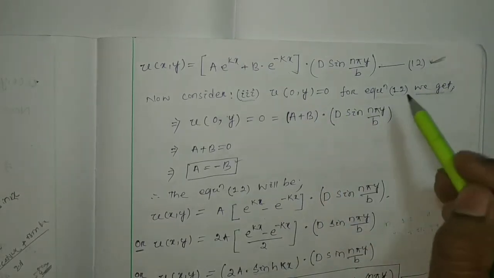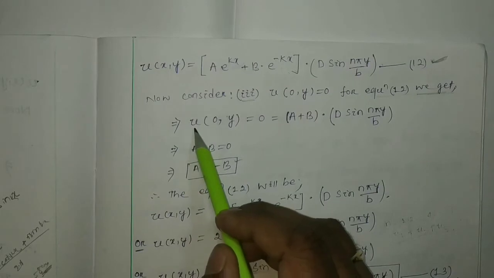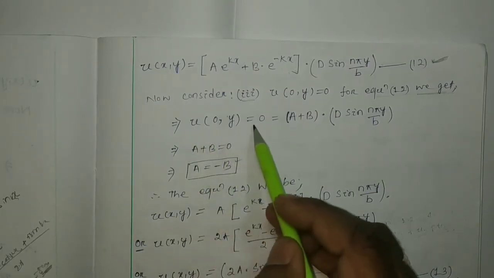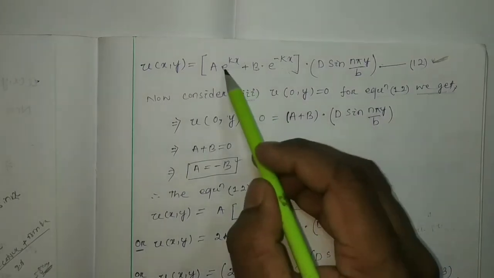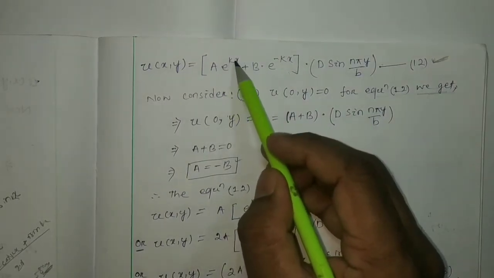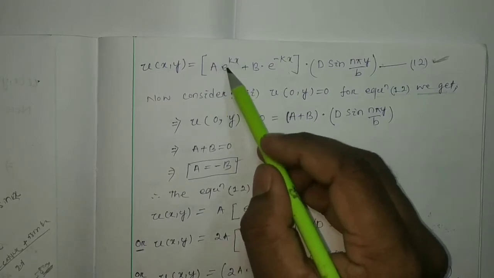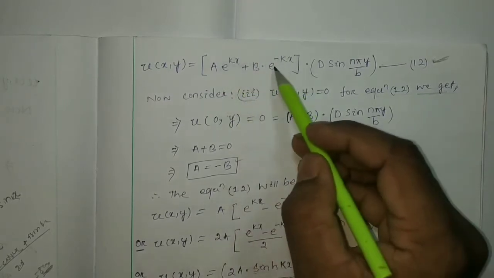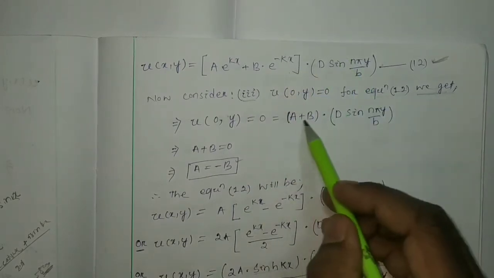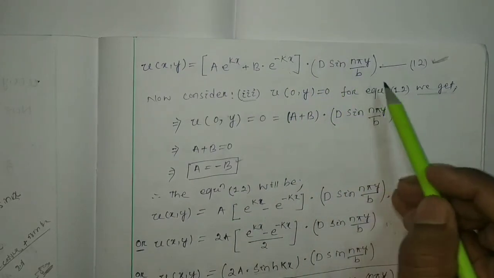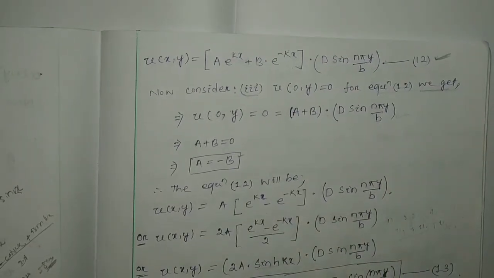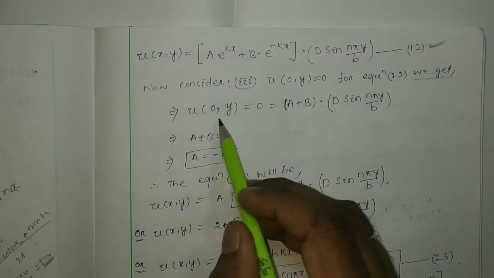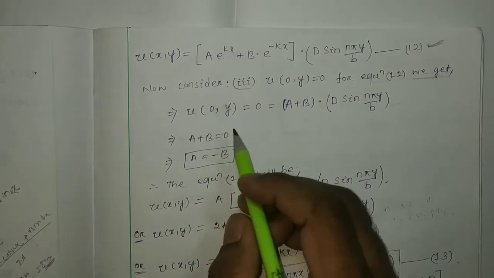We get u(0,y) equal to a plus b. How will it be a plus b? Instead of x we consider 0, so e to the power 0 is 1, and e to the power 0 is also 1. So it is a plus b into d sin n pi y by b, right? As I told, what value have we tailored?